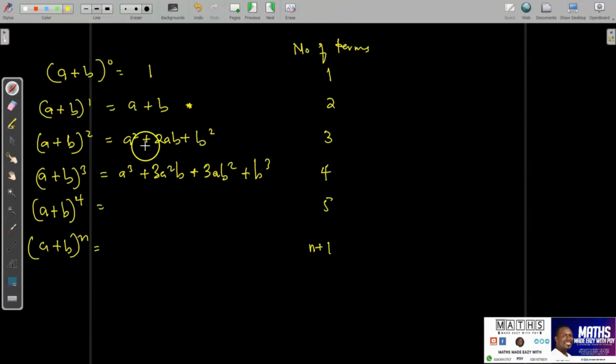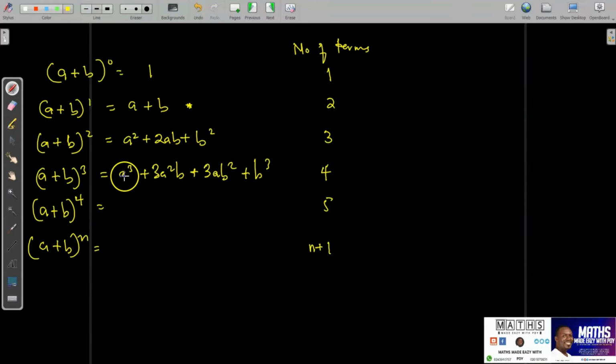Do you observe that? So it means you had a squared, the next term had a, and the term that had a had b at the same time. And then we moved on to the third term, which had b squared. Now watch this also, the third one.